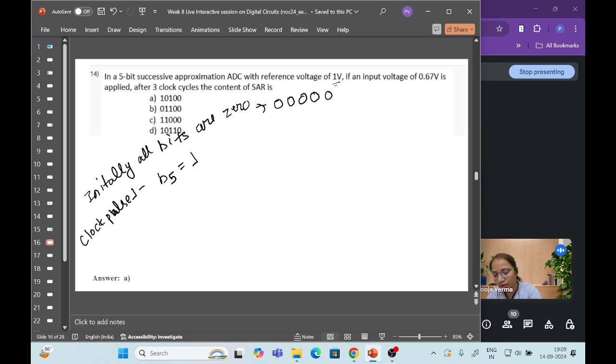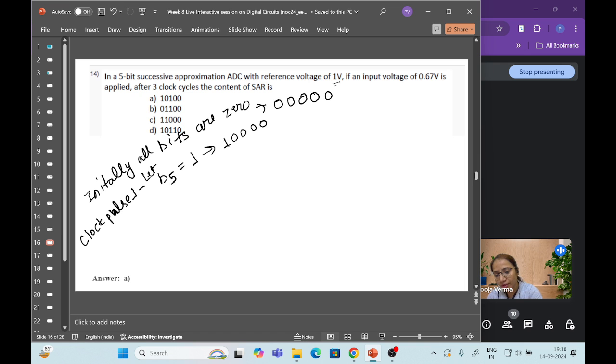Here we need to take assumptions, and then we will prove it. So let's assume that V5 is 1, then the bits in the successive approximation register will be this one. Right, now we will check whether it is 1 or 0.